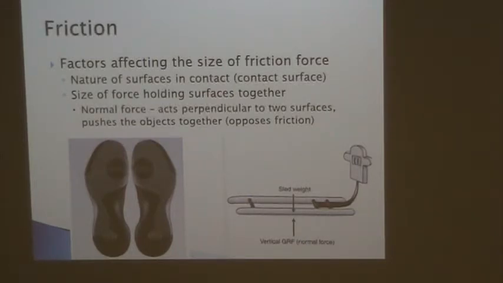Now, things that can affect your normal force. Weight is a big one. So if you want more friction, and some of you who have played football, maybe you've had this experience where you've been working on the sled weight. Coach says, oh, you're pushing that too easy. In other words, the propelling force is much greater than the friction force.